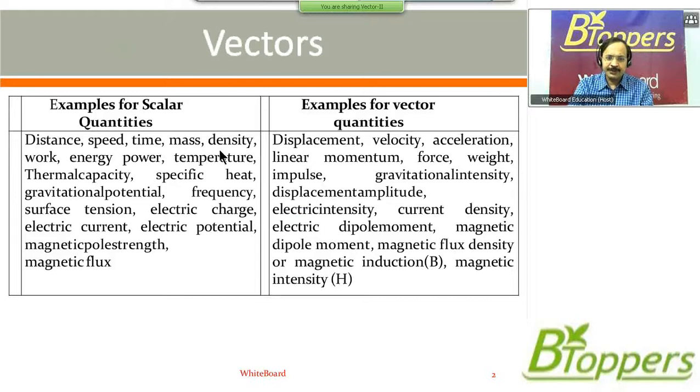Mass is a scalar quantity. Density is a scalar quantity. Acceleration is a vector. Linear momentum is a vector. Force is a vector quantity. Mass of a body is a scalar quantity, but the weight of the body is considered a vector quantity, because weight represents the gravitational force on the body by the earth. Anyhow, we discuss these terms in the coming chapters.